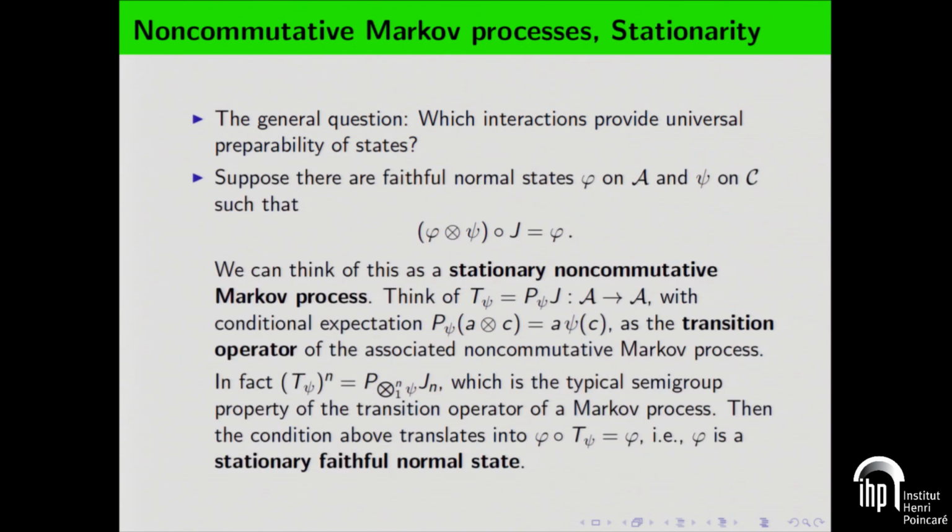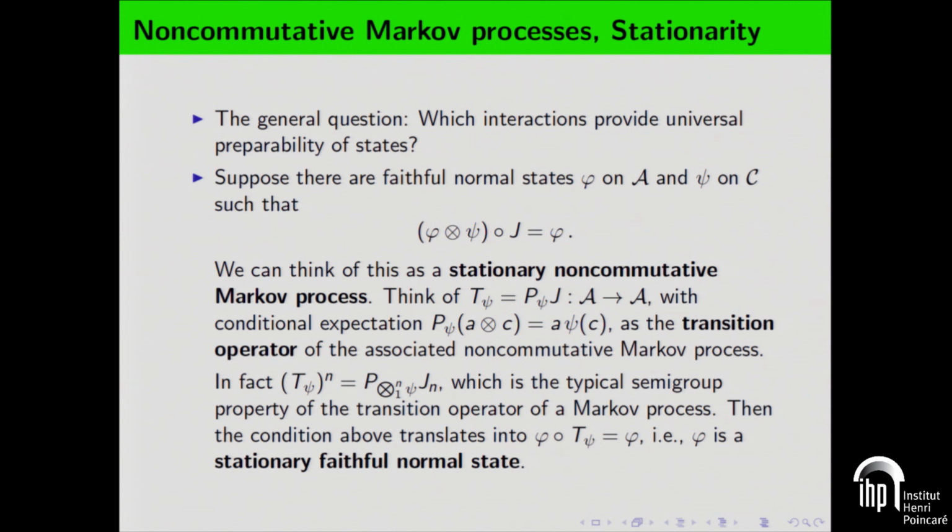So let's study the setting of noncommutative Markov processes, namely the following one, which is a traditional setting in quantum probability. Suppose there are faithful normal states phi of A and psi of C, such that phi tensor psi after J is phi. That's a kind of stationarity assumption.